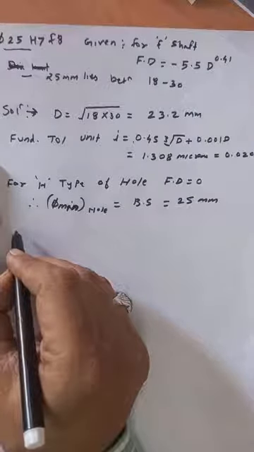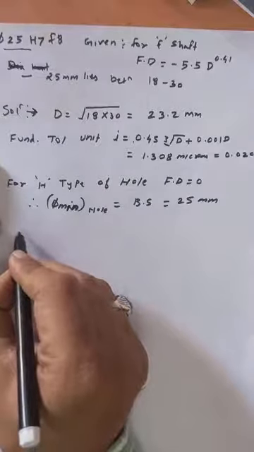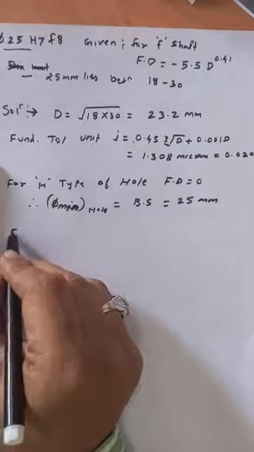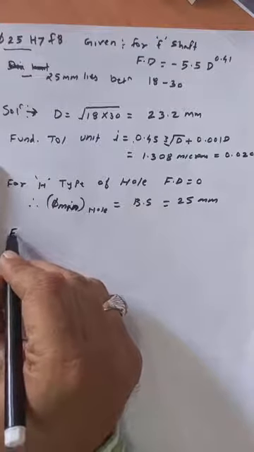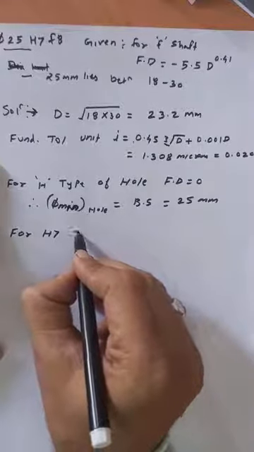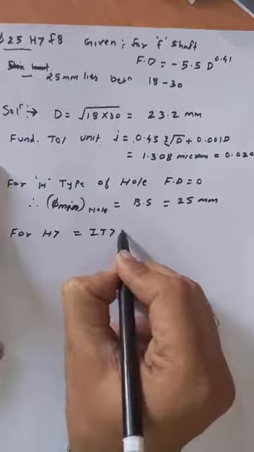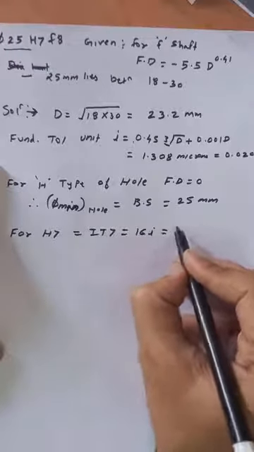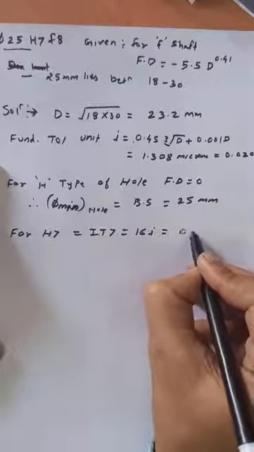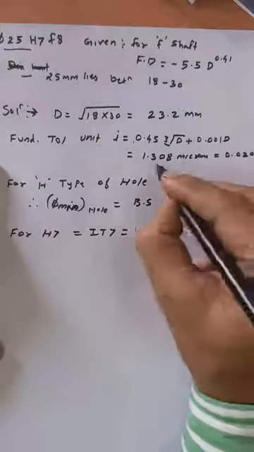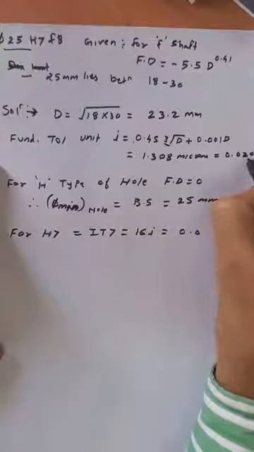For H7 type of hole, that is equal to IT7, which comes to be 16I, and that is to be calculated as the value of I, which comes to be 1.308.